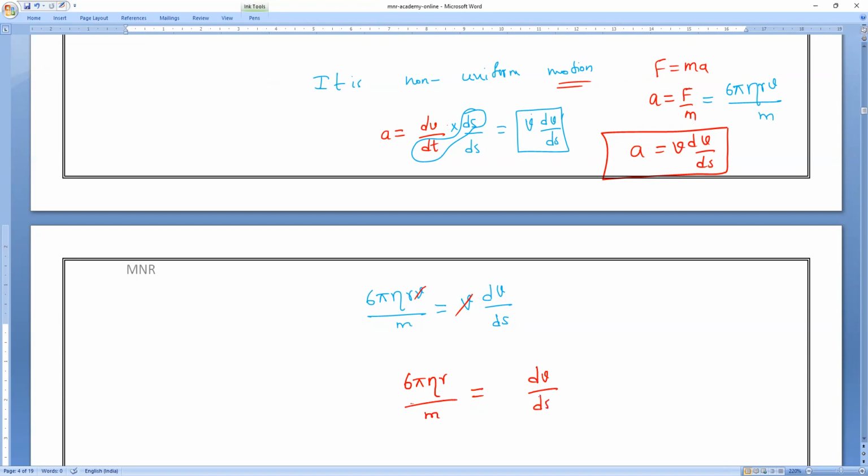Now notice, for a given object, does this 6 pi eta r divided by m remain constant or vary? It remains constant. So let me consider this whole thing as a constant k. Then k equals dv by ds.